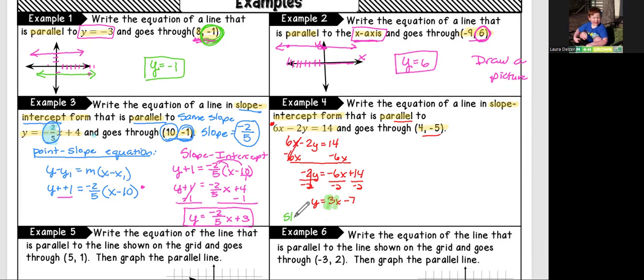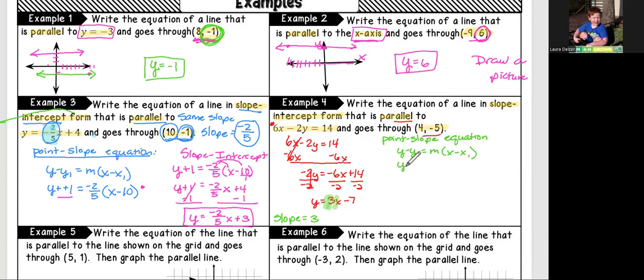So my slope equals 3. Oh, goodness, my drawing tablet is being very strange. Okay, my slope equals 3. So let's go ahead and write it in point slope form. So I'm going to write my point slope equation. Okay, so I've got y minus y1 equals m(x minus x1).